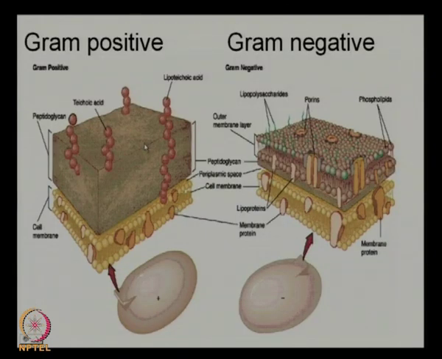Now, let us look at gram positive and gram negative bacteria. I have already told you that gram negative bacteria have pili, the pilin proteins. What is gram positive and what is gram negative bacteria? This is a particular test based on the cell wall composition of bacteria.